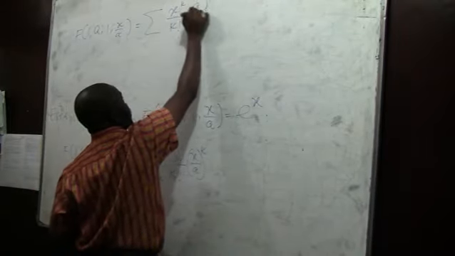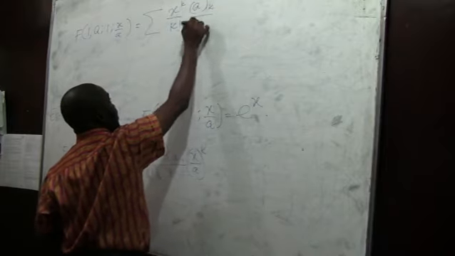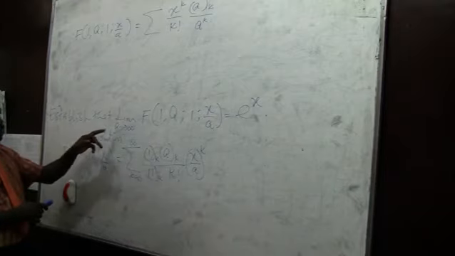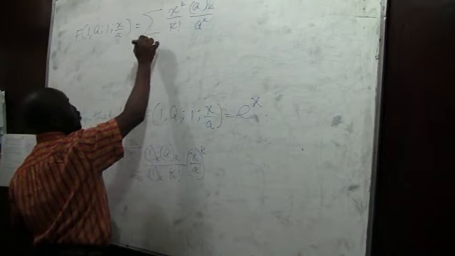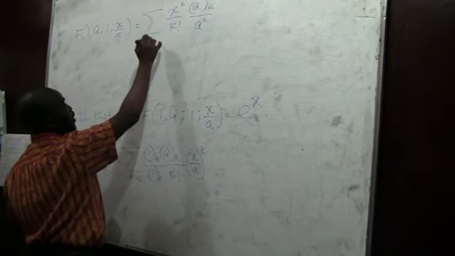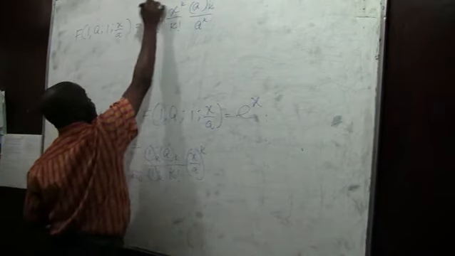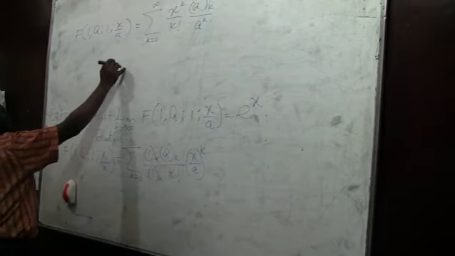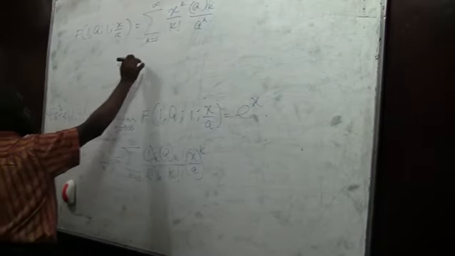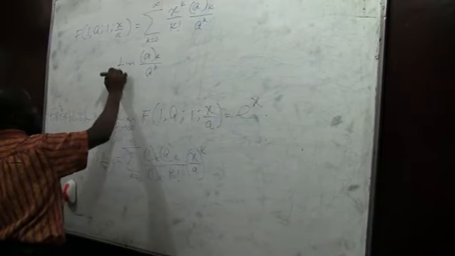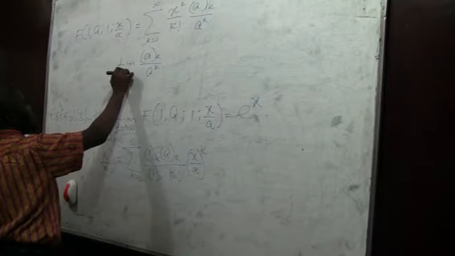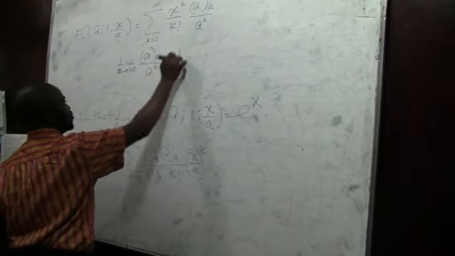Let's bring the two a's together, (a) sub k divided by a raised to power k. Since our limit depends on a, we are going to look at the limit of (a) sub k divided by a raised to power k. So let's look at that limit: (a) sub k divided by a raised to power k, as a approaches infinity. Let us look at the definition of this.